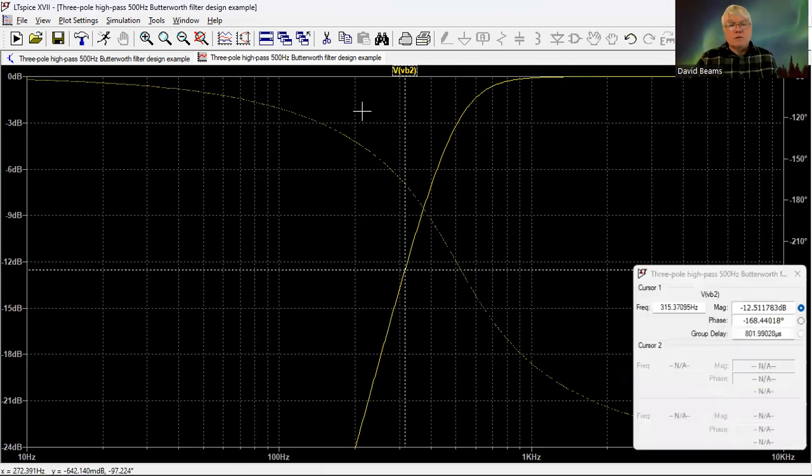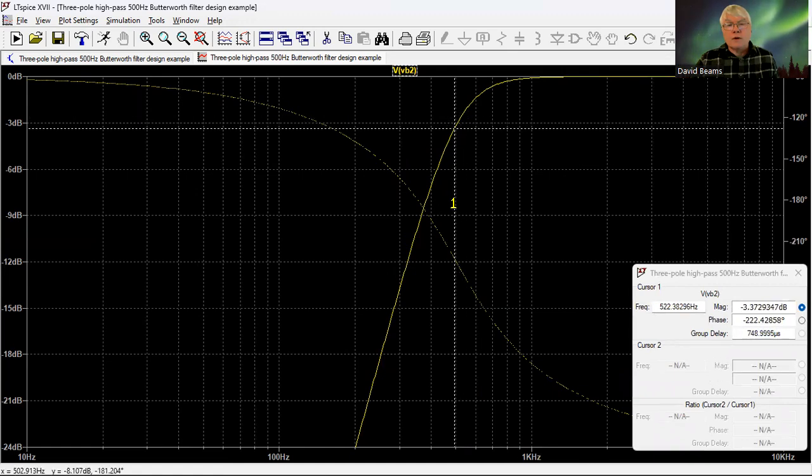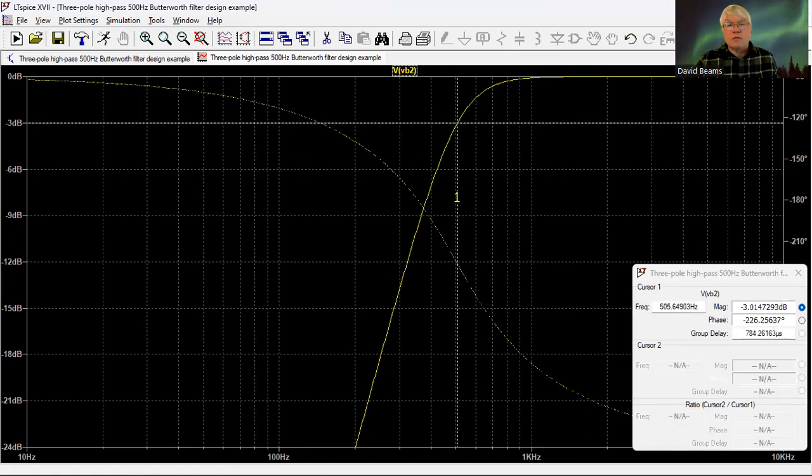Let's try putting a cursor on it and see if we can quantify how much the -3 dB frequency has moved. My reading here, we're at -3.01 decibels at 508 hertz. A minuscule change in the -3 dB frequency. So I would say that this is a perfectly acceptable, practical solution to meet our design specifications.